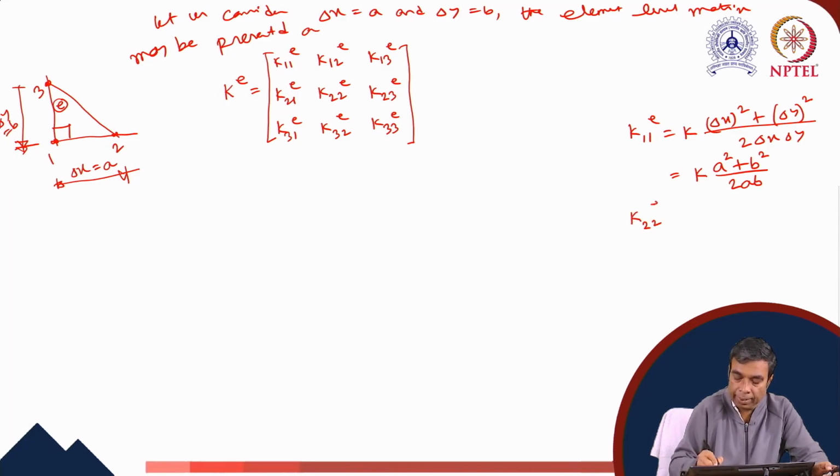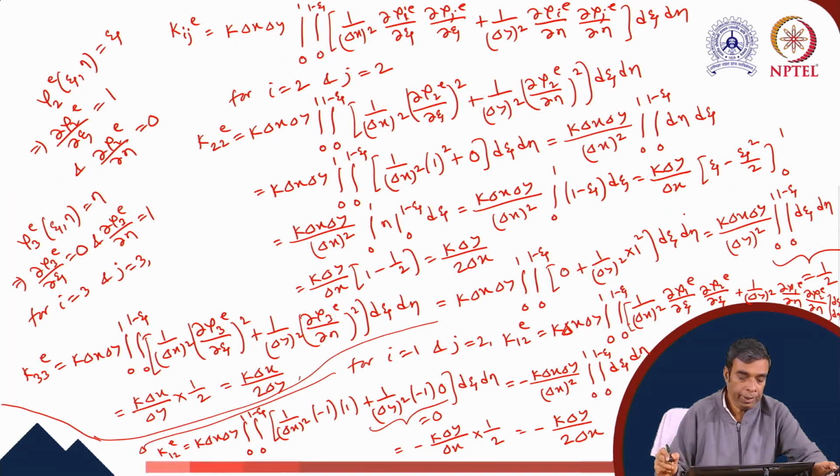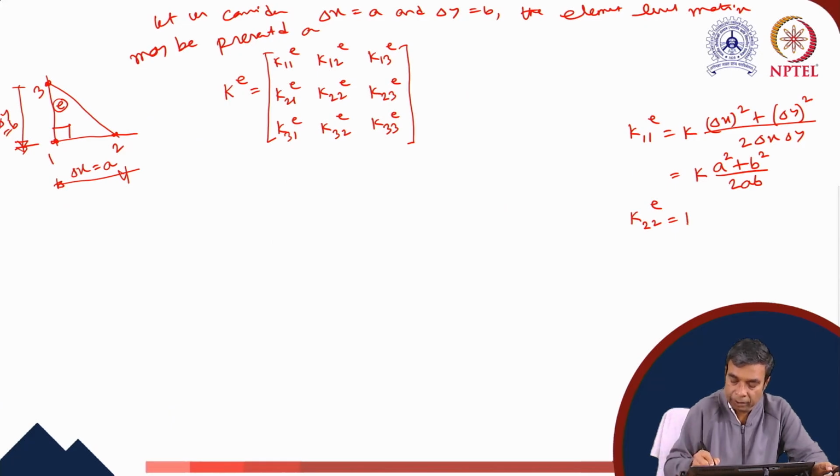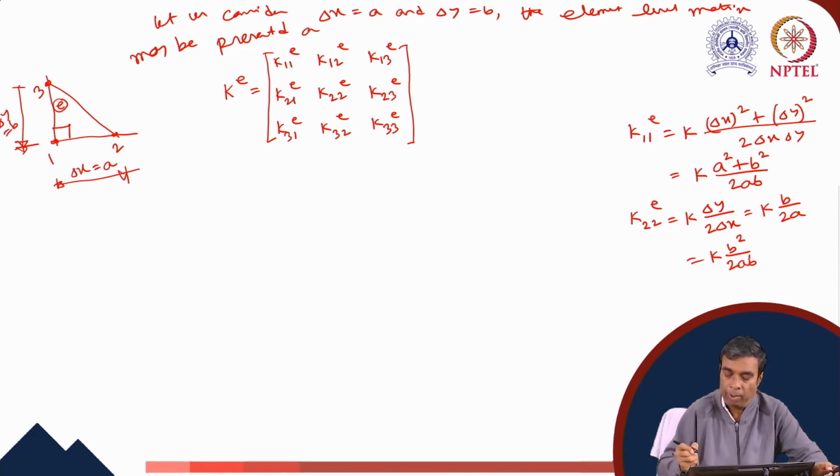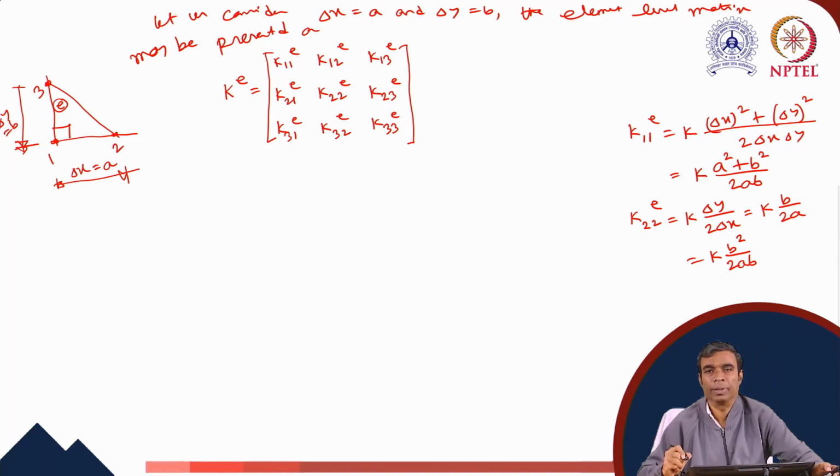Similarly, we found k22e. k22e was calculated as k delta y by 2 delta x, equals k into b by 2a. We can write it as kb square by 2ab. We multiply by b on both the numerator and denominator just to have the same denominator for all the terms. Our desired denominator is 2ab.